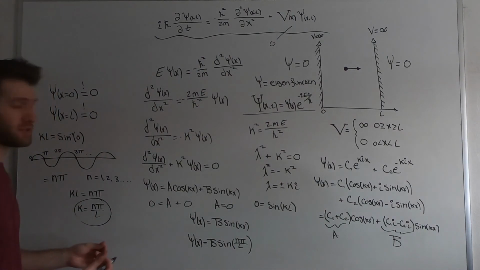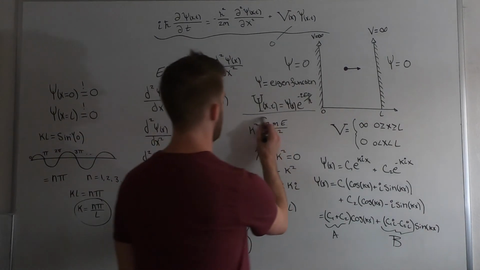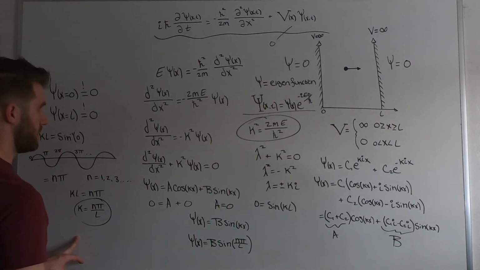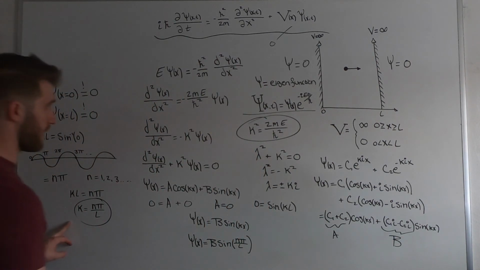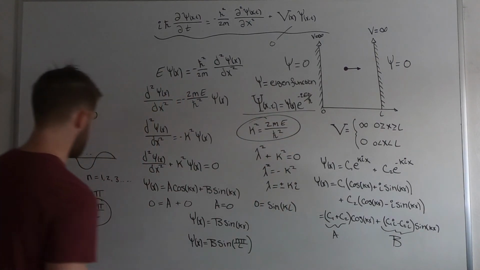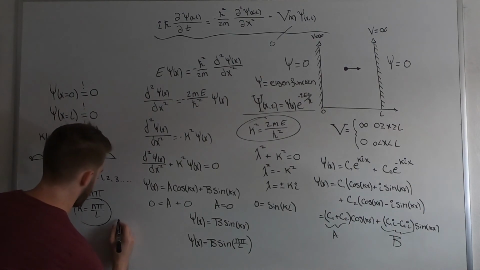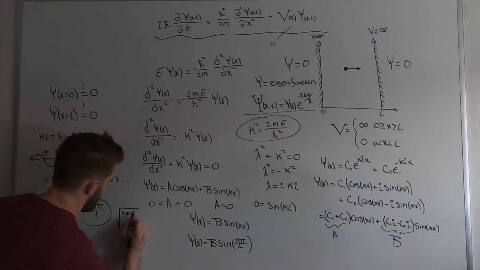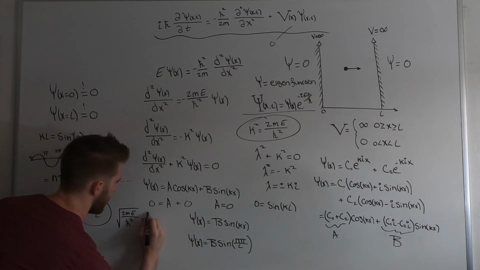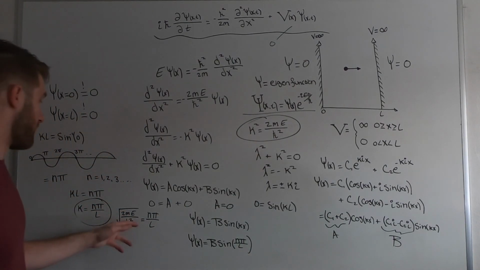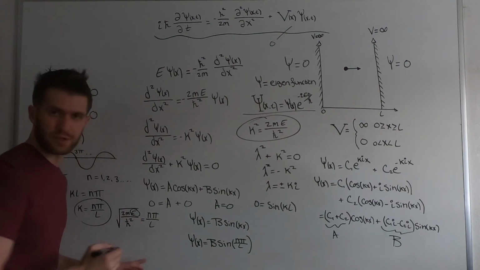You can represent it in terms of the energy, because if you recall, this condition we can plug back in here. We know that k is equal to the square root of 2mE over h bar squared, which is equal to n pi over L. And what we want is to solve for our energy here.